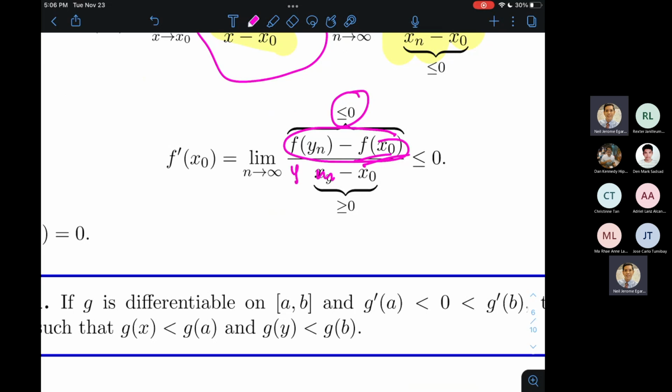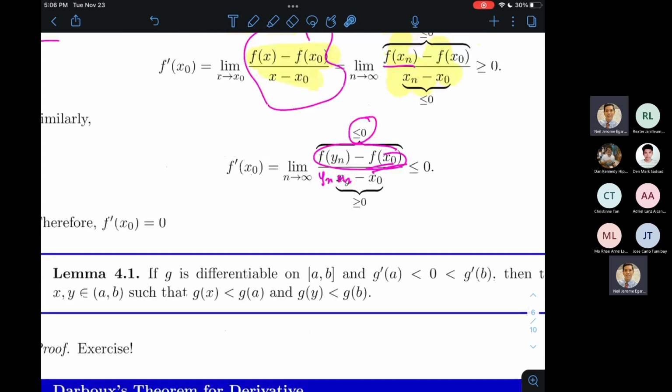This should have been y sub n. Okay? Dahil ang mga y sub n's ay nanggagaling sa kanan ni x sub 0, etong difference na to ay positive or equal to 0. So the numerator is non-positive, the denominator is non-negative. Non-positive divided by a non-negative number must be non-positive.